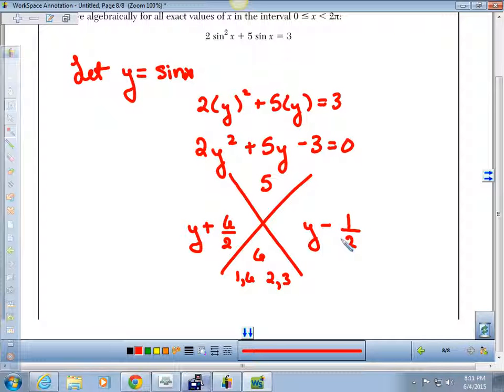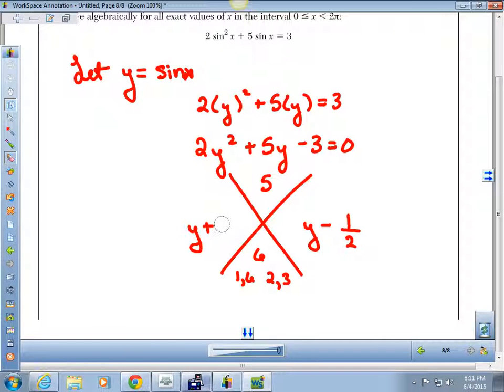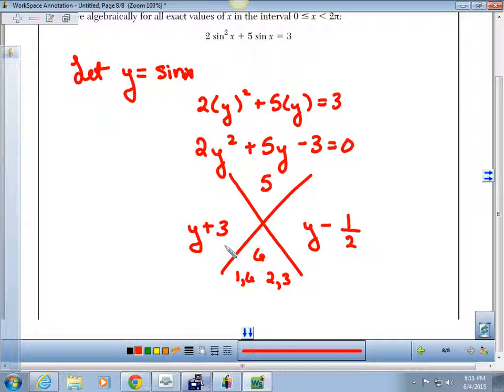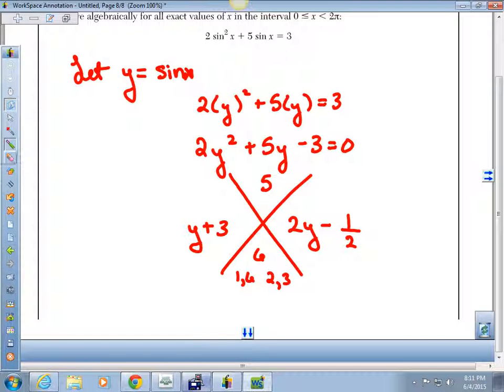But 6 divided by 2 is what? 3. That's just a y plus 3. And over here, we can leave it as y minus 1/2, or we can bring up the 2 and make it 2y minus 1. Okay. So, a little review of X method.